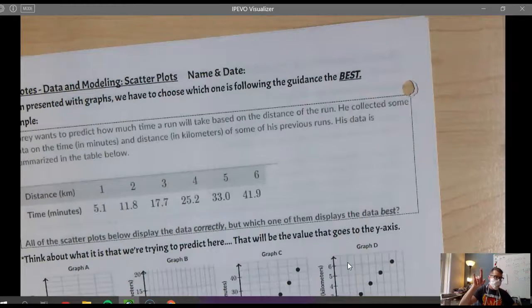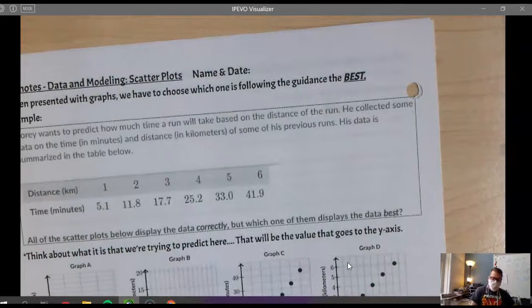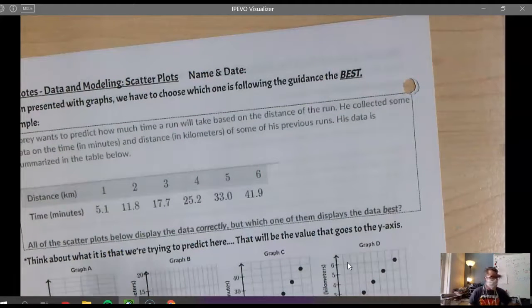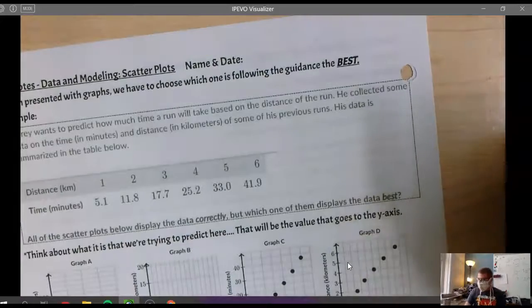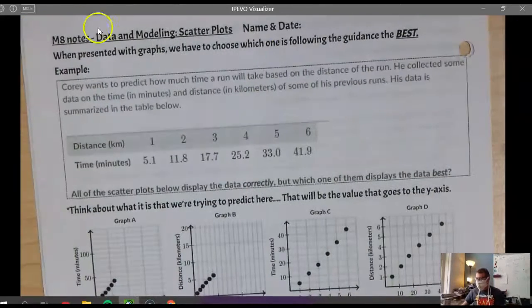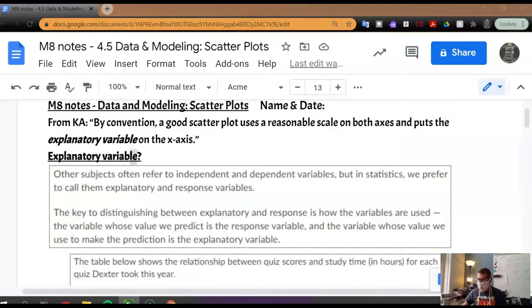We have to pick the best based off of where the explanatory variable is. So remember, the y-axis should be the one we're trying to predict. Take a moment. I want you to try this on your own first. Check out both of these situations. There are two different situations here. Think which one is best.